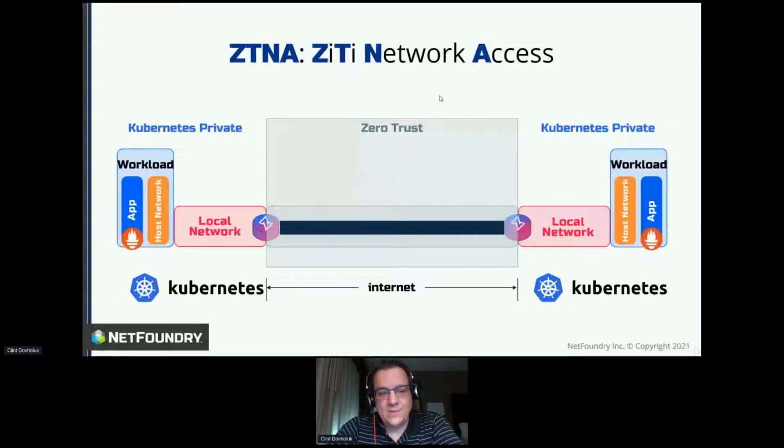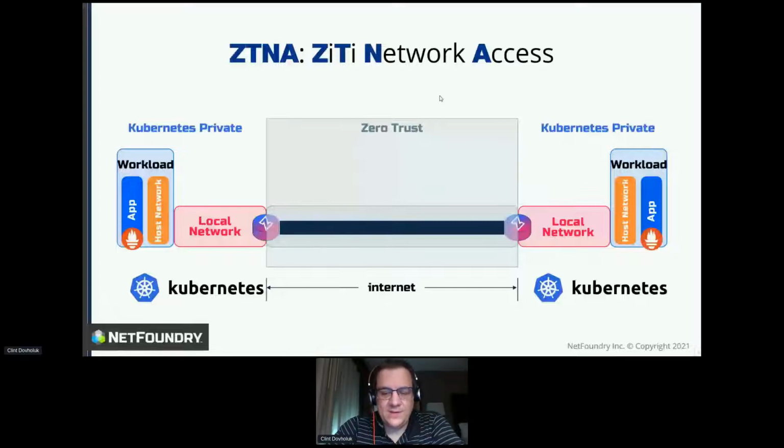But you're still going to have local network traffic that's being traversed. All the pods will be accessible to whatever namespace you deploy your Ziti host into. So you still have some trust, right?